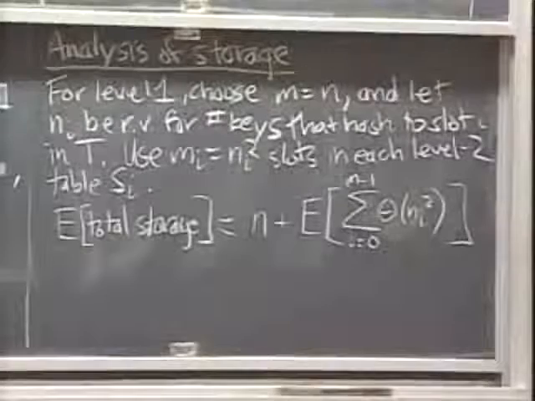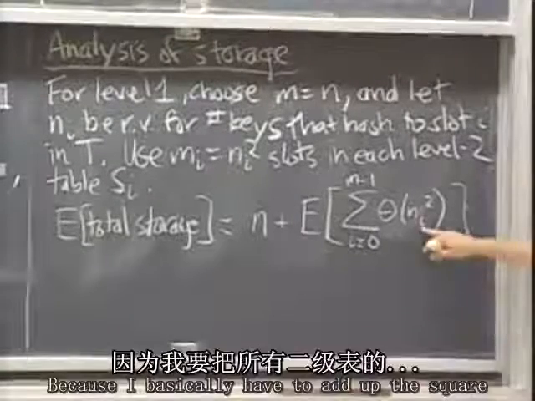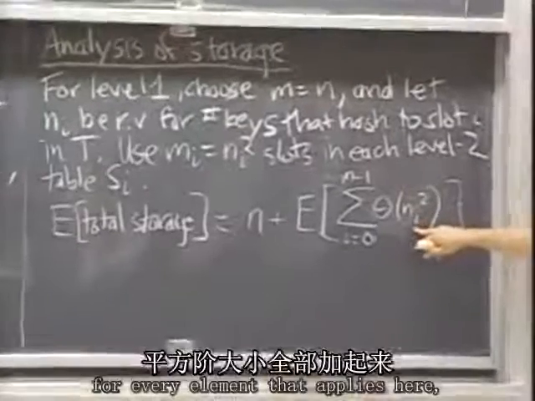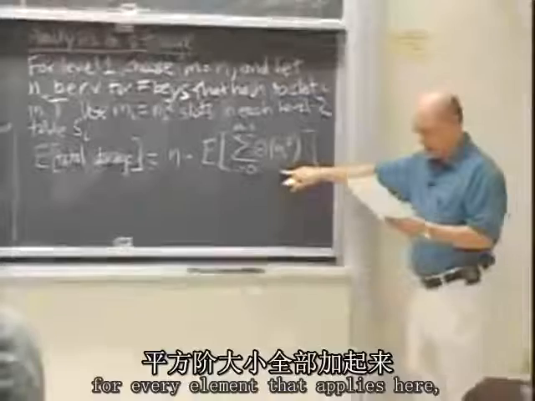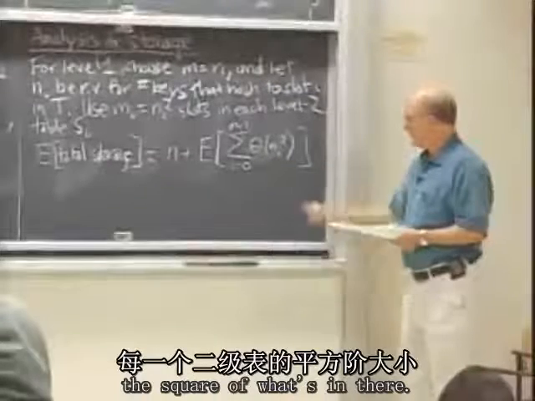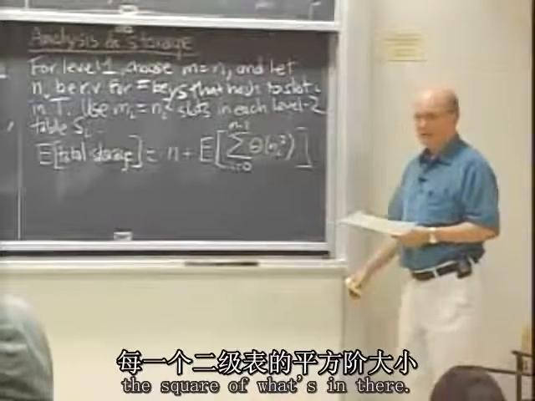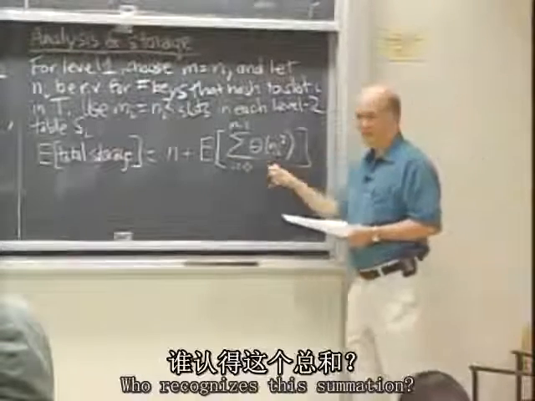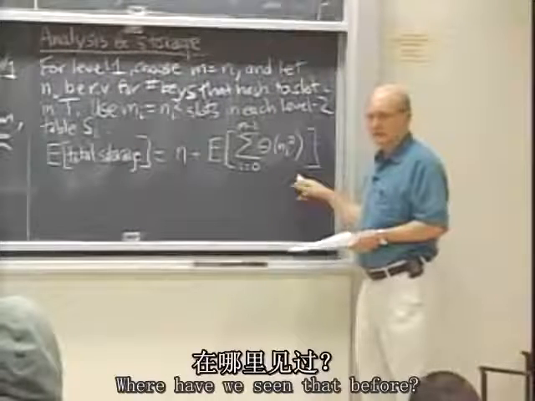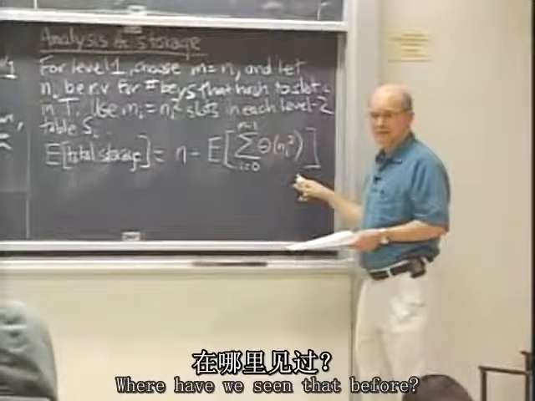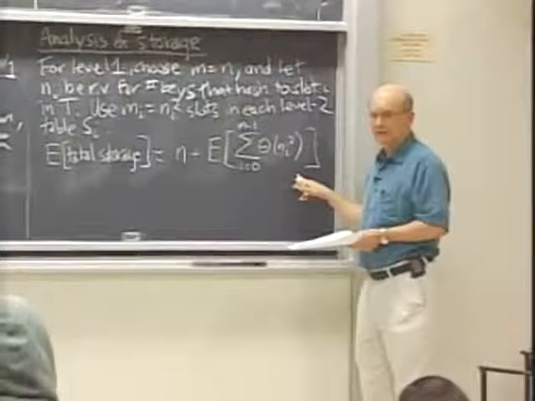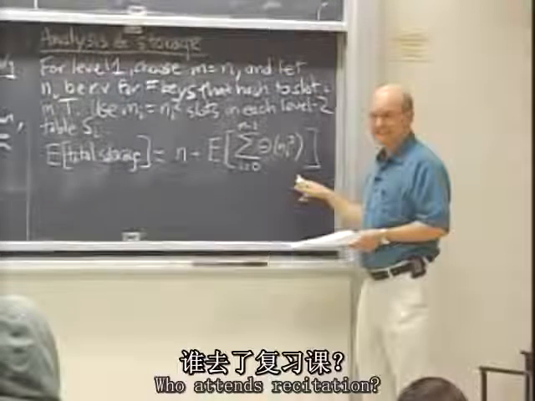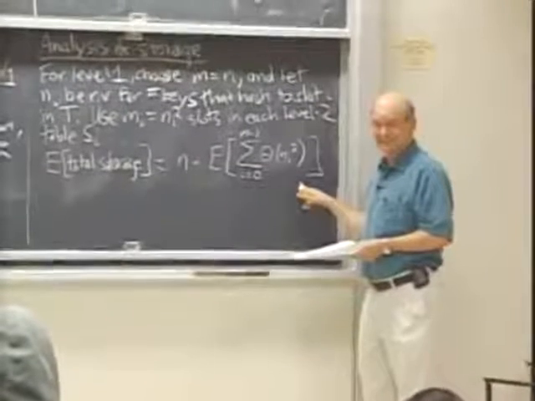Okay? Because I basically have to add up the square of what's in there for every slot. Who recognizes this summation? Where have we seen that before? Who attends recitation? Where have we seen this before?